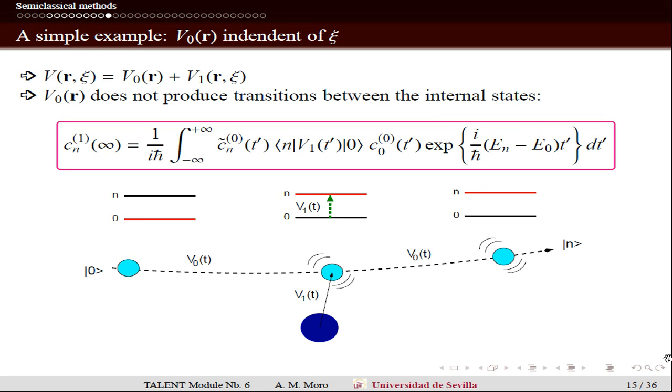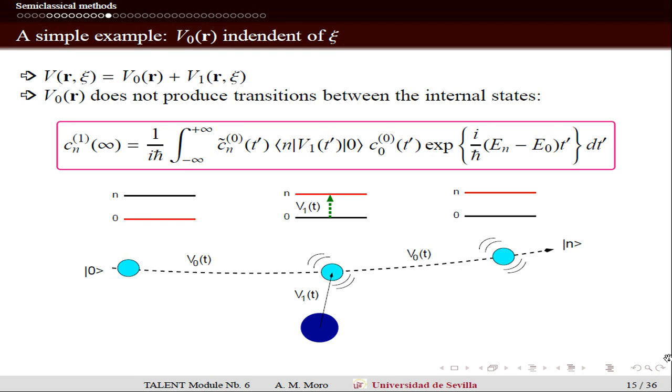So imagine we are in the ground state initially, so the system is evolving with this V0 interaction. So this is a simple example in which the V0 does not depend on the internal coordinates, so it cannot produce excitation. So this is a generic excited state.